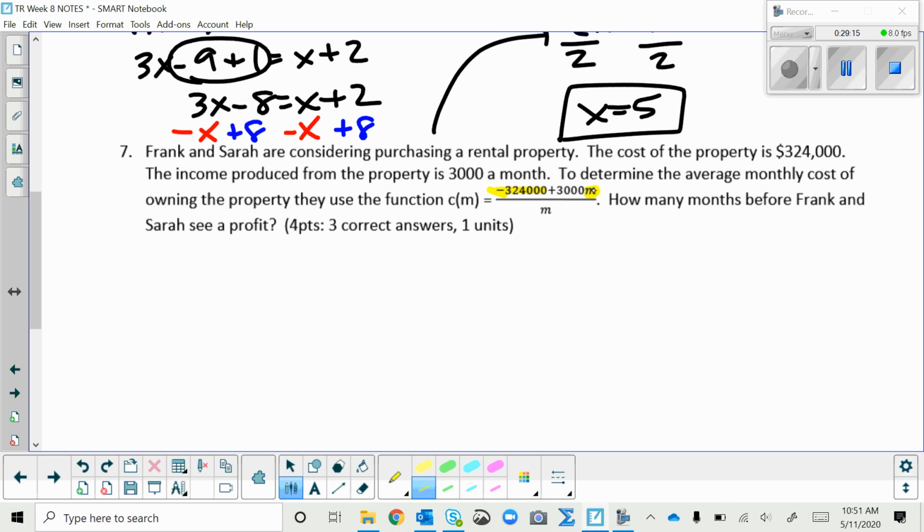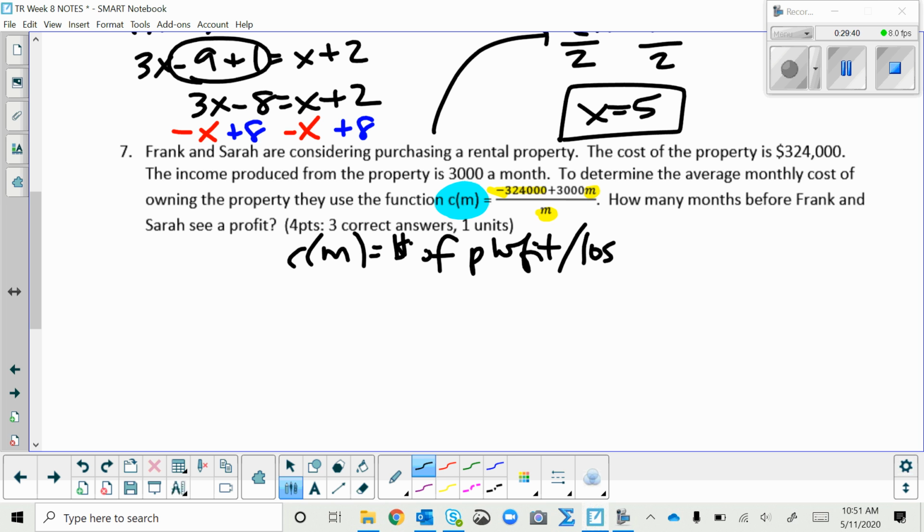And then it's divided by that same number. Okay. So this CM right here represents their total profit. Well, it is showing the profit or loss.